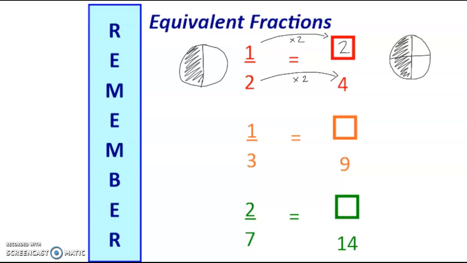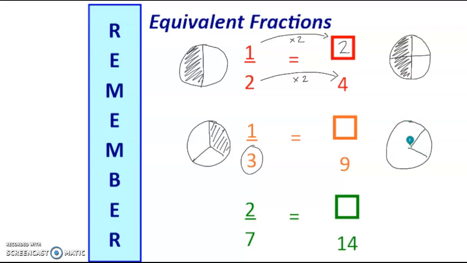So let's have a look at my orange example. Again, I'm going to just draw it with a circle just to try and help you. And this time I've got thirds, and I want to shade in 1/3. And then on the right hand side, it's asking me to split that this time into ninths. So these are terrible ninths.